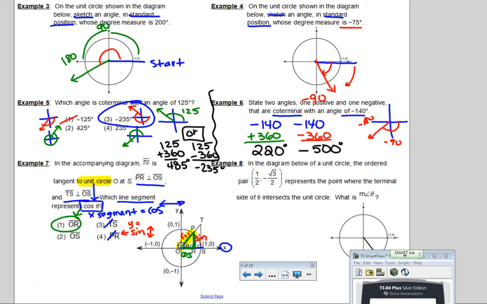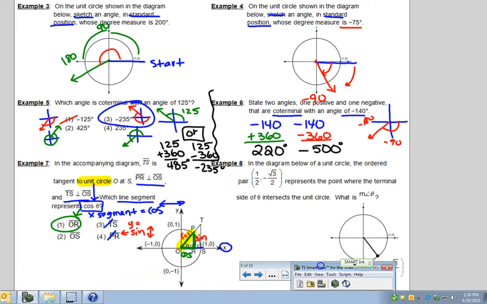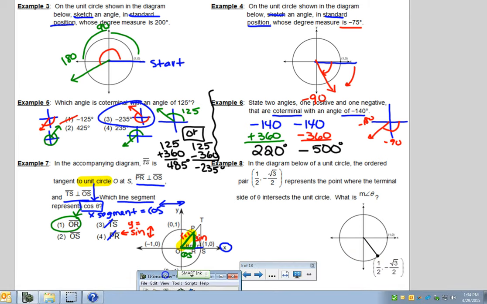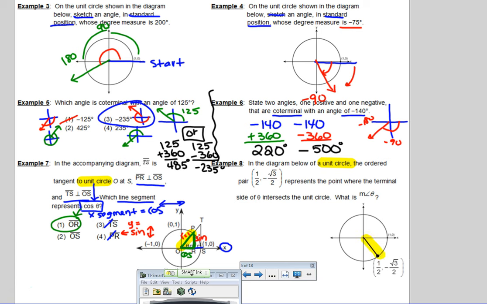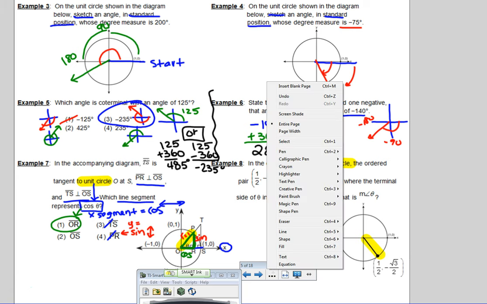Okay, next question. Putting this all together, remember how angles rotate, your positives and your negatives. So again, we have a circle that is a unit circle. That's important, because if I know this is a unit circle, I know that there's something special about the values of the coordinates where it's hitting.